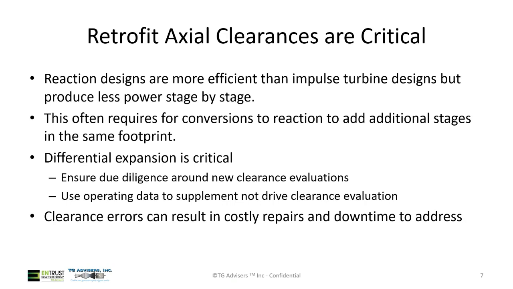You have different components that go into differential expansion. When you're spinning up to speed, the blades pull outwards and kind of pull the rotor and shrink it inwards. And then the heating of the turbine section as it warms up will expand the material. So differential expansion is very important.